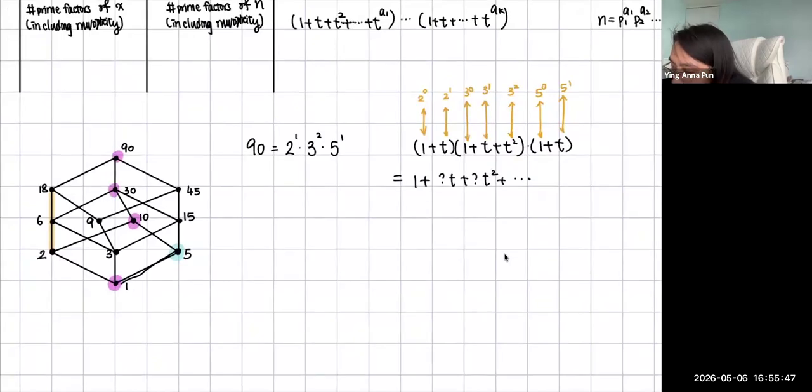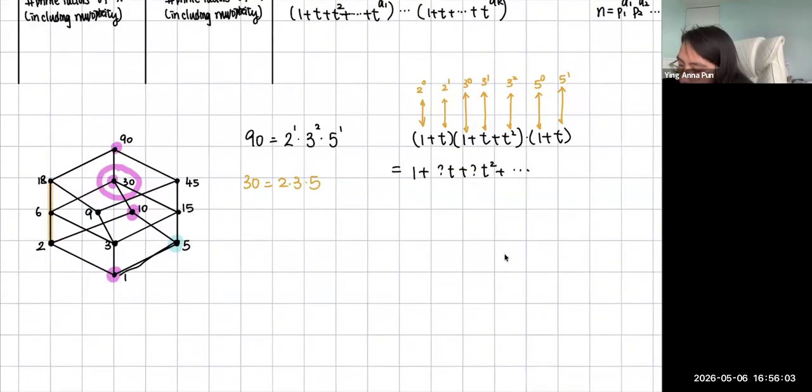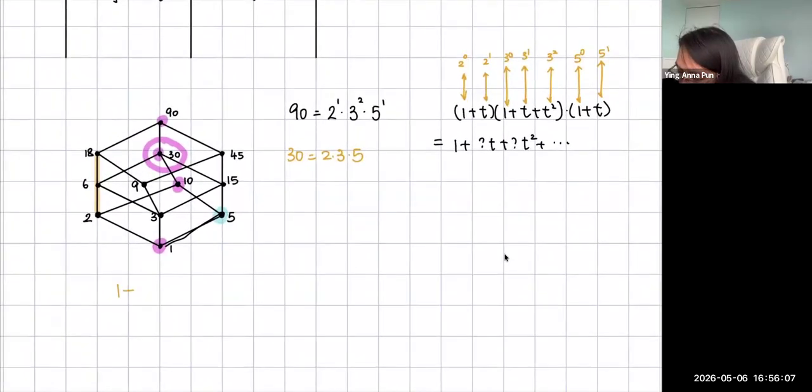Let's look at another element to make it clear. Remember we talked about 30, right? 30 is 2 times 3 times 5. When you look at the rank generating function, in this case it's 1 plus 3t plus 4t squared plus 3t cubed plus t to the power 4.